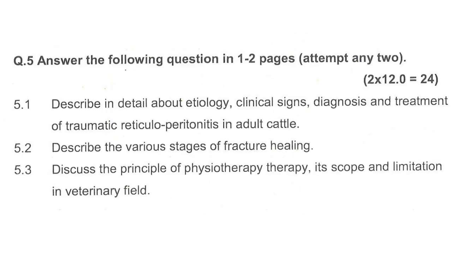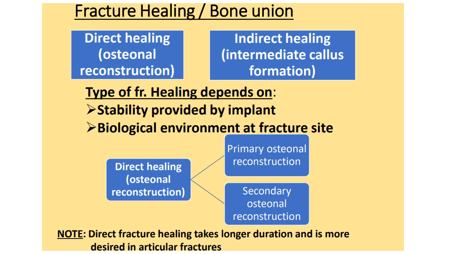Now the second question is: describe various stages of fracture healing. So we quickly discuss key points of fracture healing of bone. It's also called bone union process. It's of two types mainly: direct healing and indirect healing. Direct healing is also called osteonal reconstruction, and indirect healing is called intermediate callus formation.